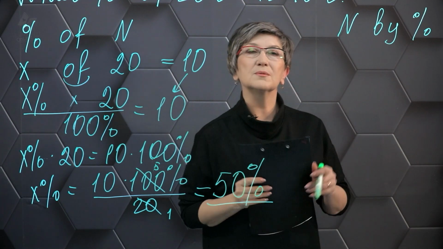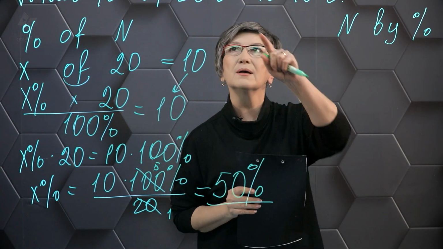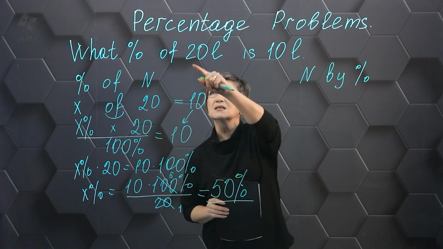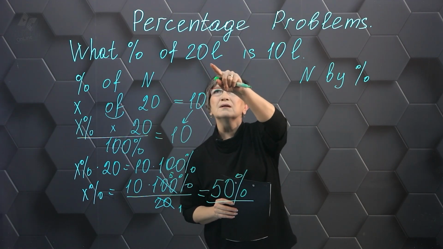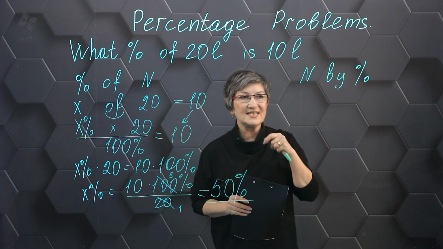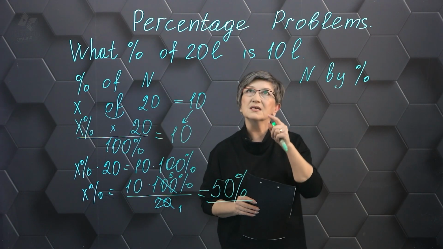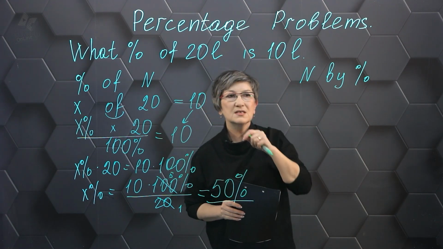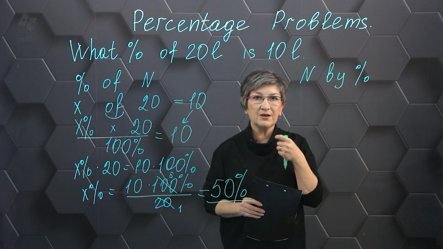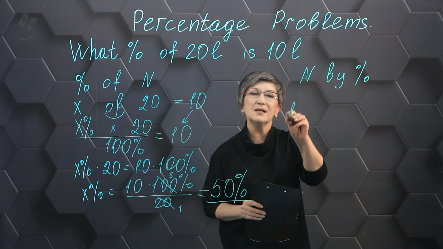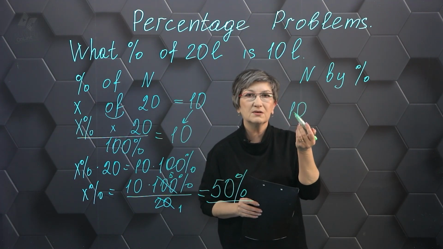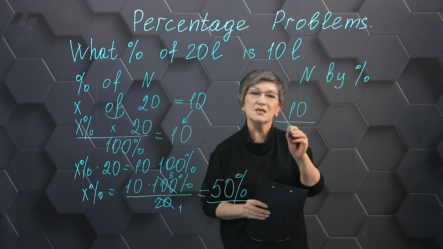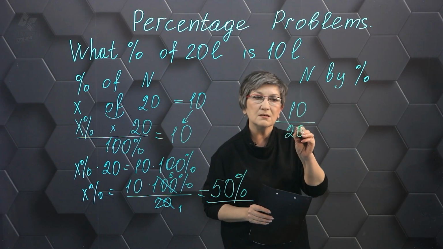And what could that method be? Let's ponder over it once more. So we need to find out what percentage the volume of 10 liters is of 20 liters. Note that I stated 10 liters of 20 liters. When we say from, that is 10 liters from 20, what should I put? 10 out of 20.